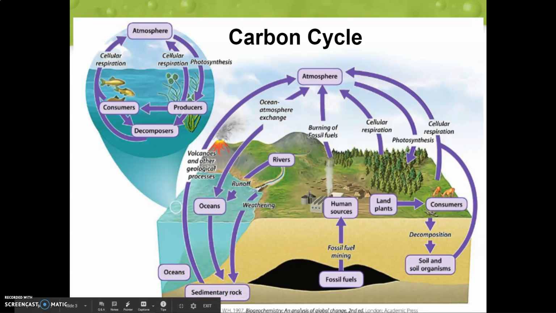We also have carbon in sedimentary rock, okay. So if you remember, limestone is a type of sedimentary rock. So limestone is actually going to be our largest source of carbon because when organisms die in the water, their remains can settle in that sediment and that sedimentary rock, and it can create this giant source or reservoir of carbon.